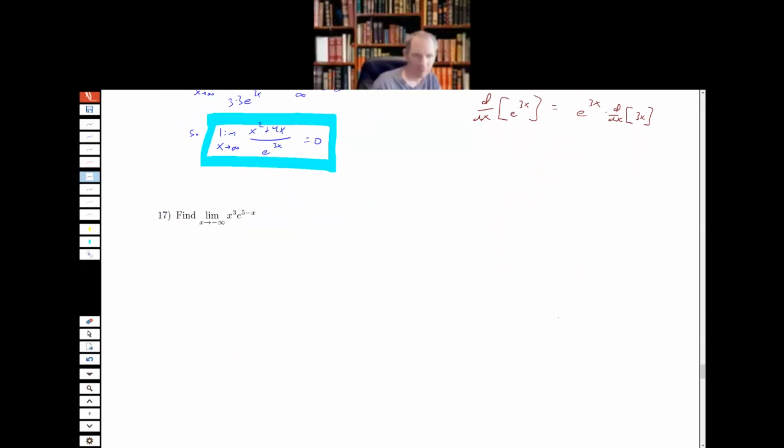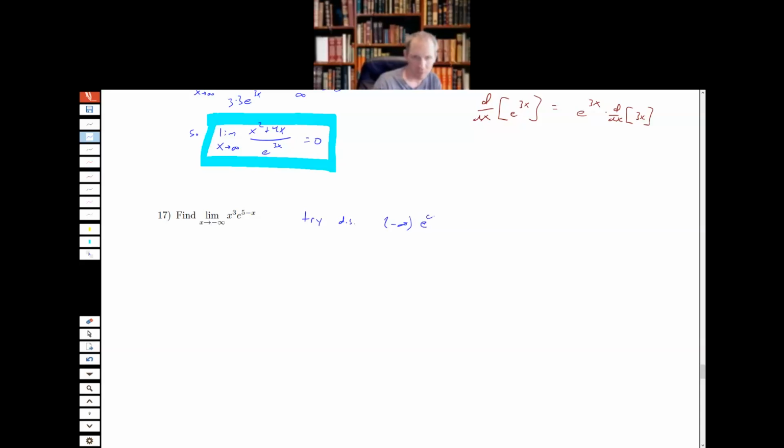Okay, problem 17. If I try direct substitution here, I have to be a little bit careful. For this first one, I've got negative infinity cubed, which is like a negative infinity. And for the second one, we have 5 minus x. Well, if I plug in a negative infinity, it's minus a negative infinity.